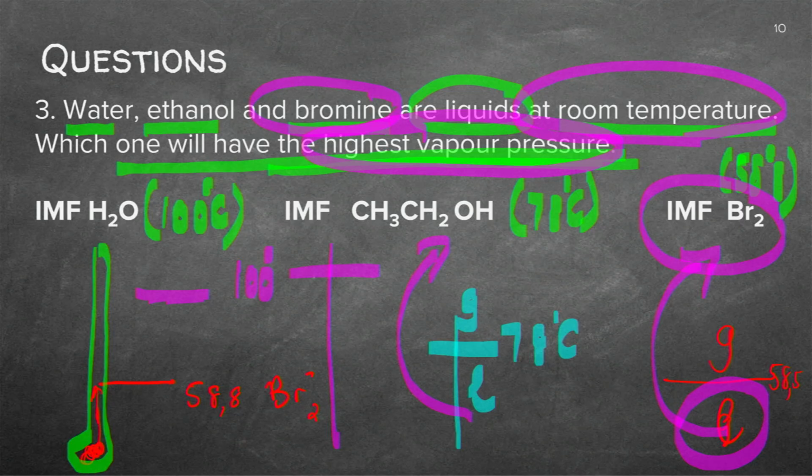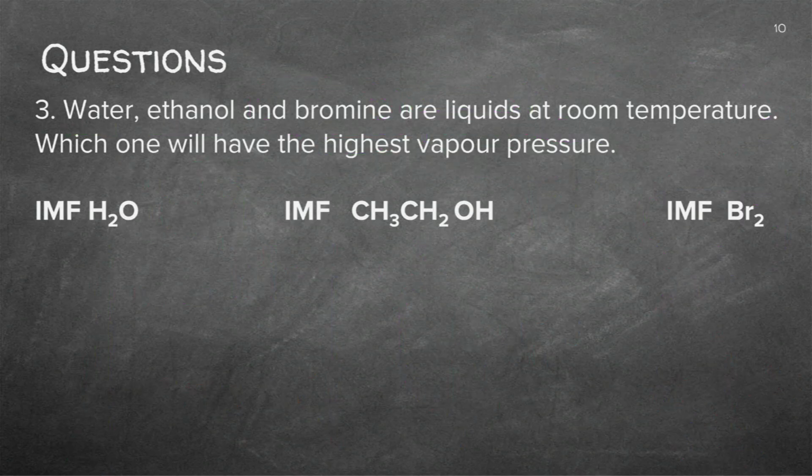Now let's identify the bonds between them. It's bromine and bromine, so that will be induced dipole forces, which is the weakest force. This will be the dipole on the one side, and this side will have a hydrogen bond because it's O and F. And this will only have hydrogen bonds.